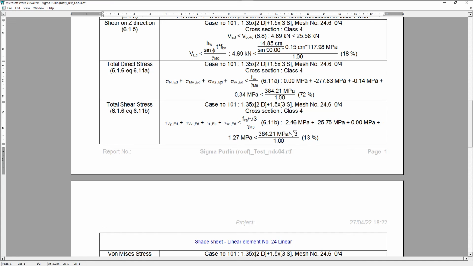You've got maybe a small out-of-plane moment, but most of all you've got the torsional and warping effects, which are compared to the limit stress based on the average yield stress, FYA, which is not 355, it's an amplification due to the bends you have on the section. So here the member is definitely okay.